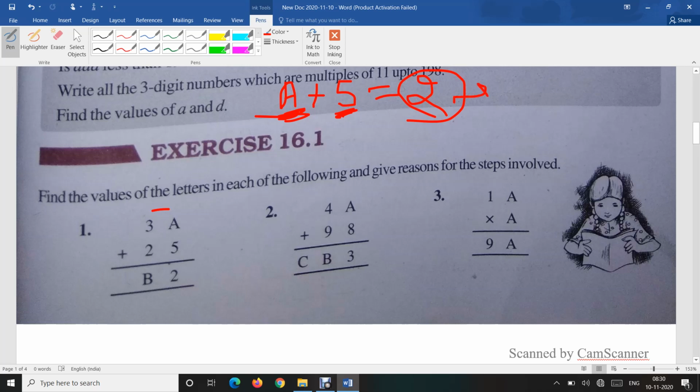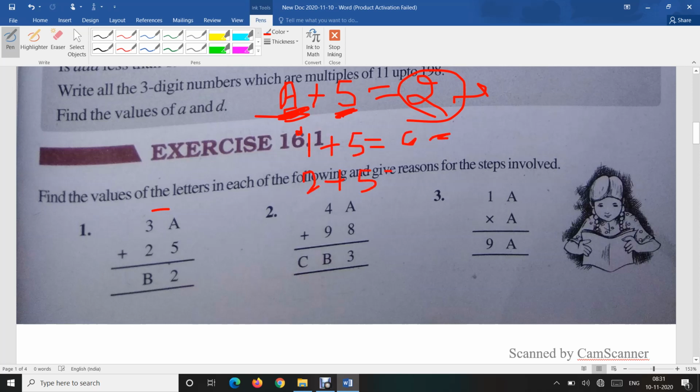Suppose we just try the hit and trial method. If we put 1 in place of a, then we have 1 plus 5 equal to 6, which does not satisfy.